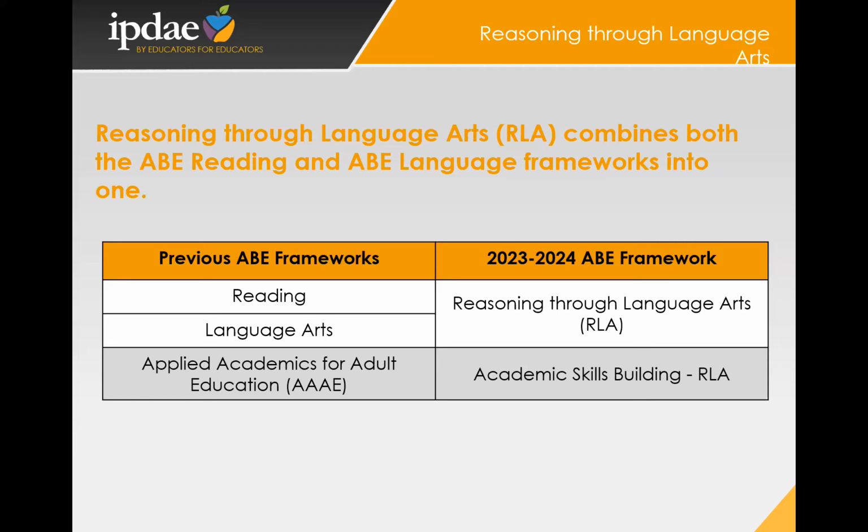So you will no longer see these two subject areas split. They're now combined into one curriculum framework. Now, we're not going to talk about AAAE and academic skills building. That's a conversation for a different day, but a similar change has been happening in those areas as well.